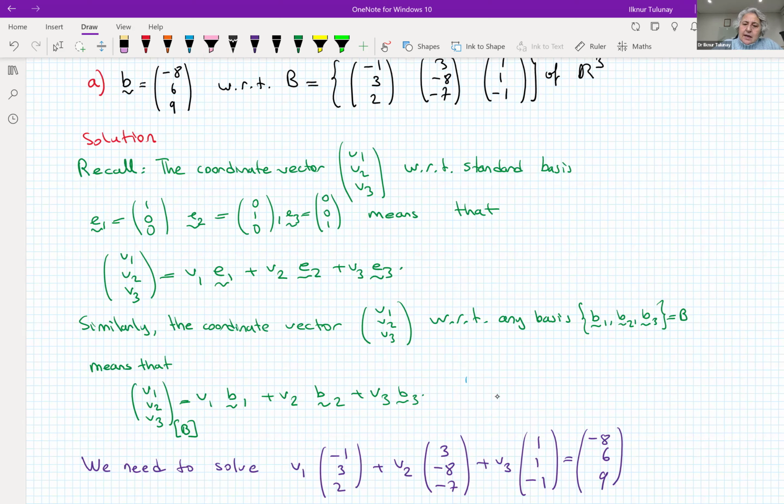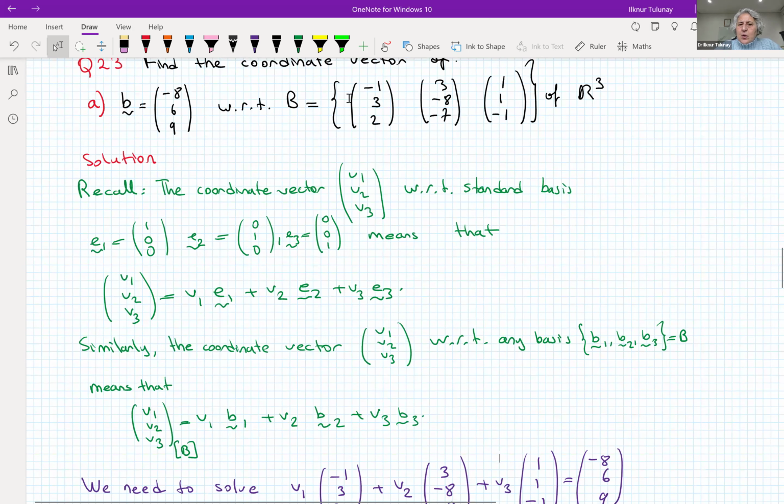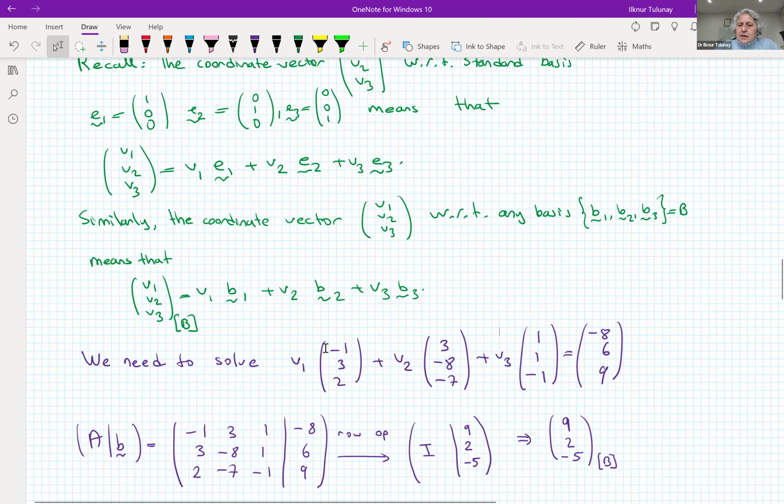Let's have a look. Let's do this calculation. With respect to the standard basis, this is minus 8 e1 plus 6 e2 plus 9 e3. But we would like to find the coefficients when we write it as a linear combination of these vectors. We would like to find the scalars such that this equality is satisfied.